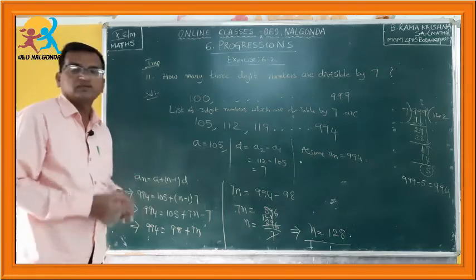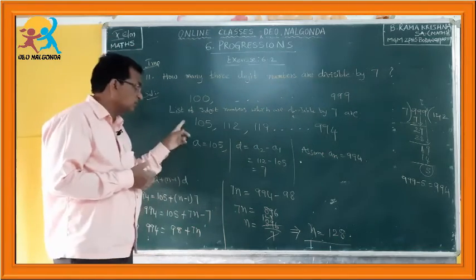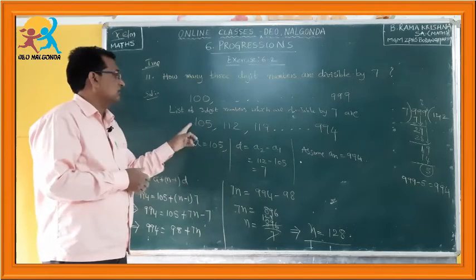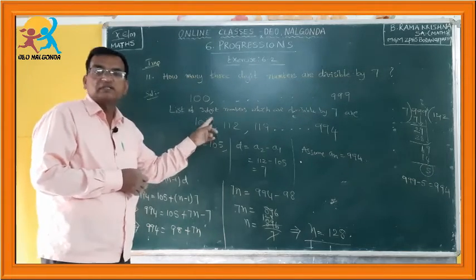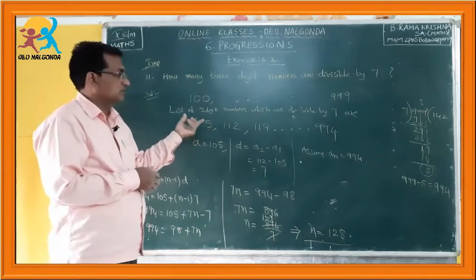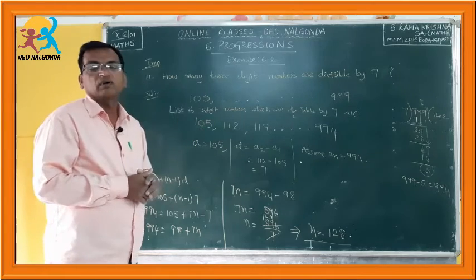What does this n represent? n is the number of terms in this progression. These are the 3-digit numbers which are divisible by 7. How many are they? They are 128.